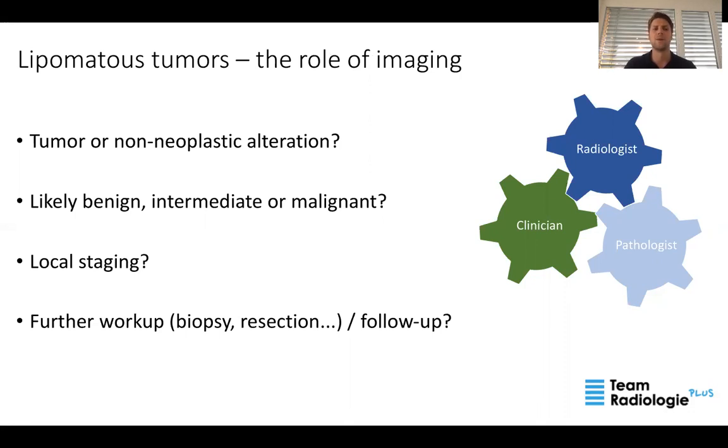We have to perform local staging, and we should decide which lesions need further workup, which might mean a biopsy, resection, or image-guided follow-up. And as always, we should closely work together with the clinicians who know the patients, who can provide us with information, who did the clinical exams, and of course, with our pathologists.